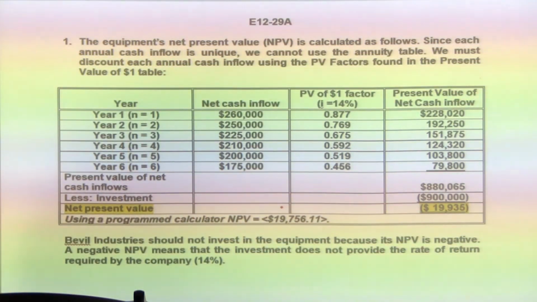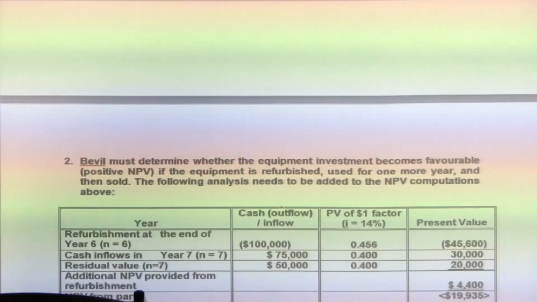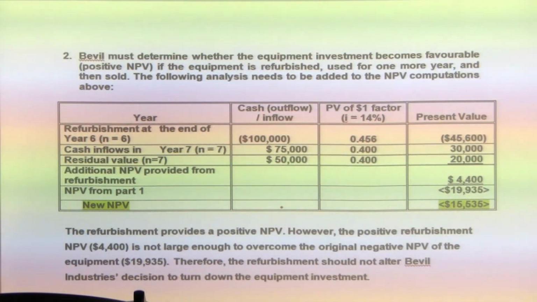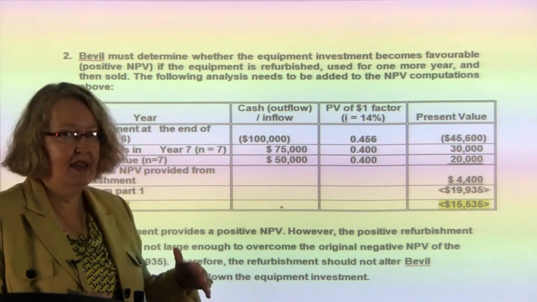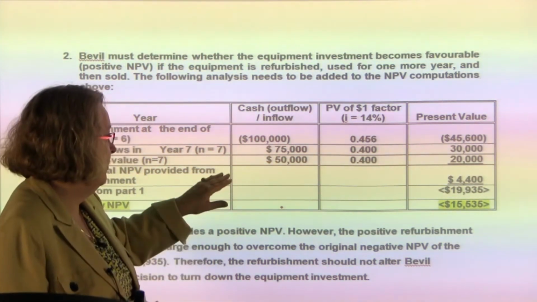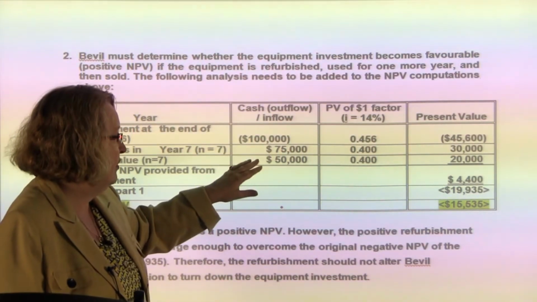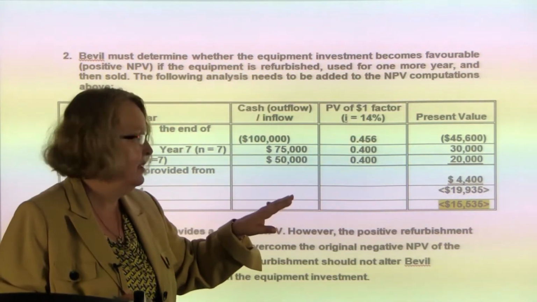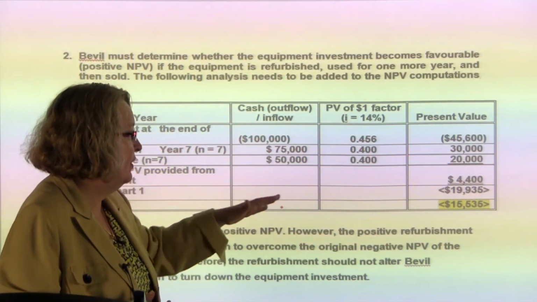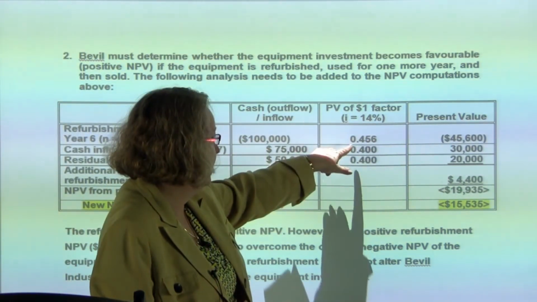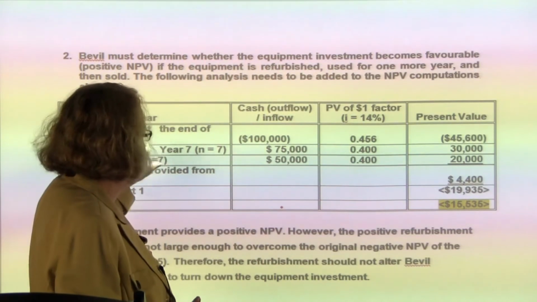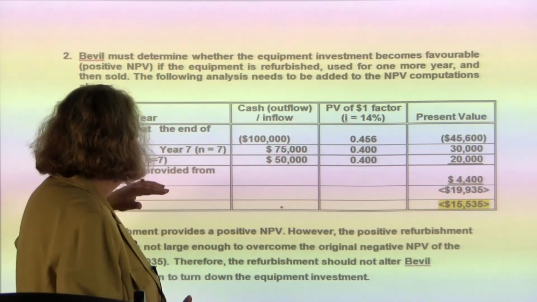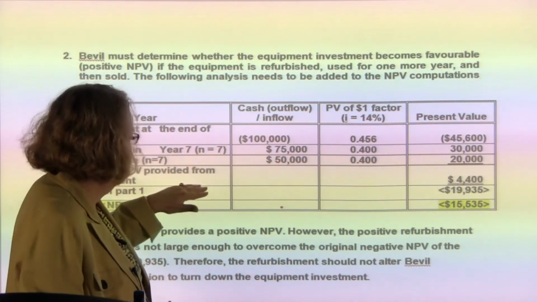So looking at the next scenario, at the end of the 6th year, if you spend $100,000 refurbishing the equipment, the first thing you want to do is put that in today's dollars. So in today's dollars, it's $45,600 because the present value, an interest rate of 14, and n equals 6.